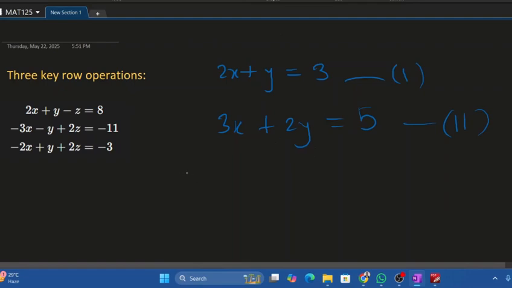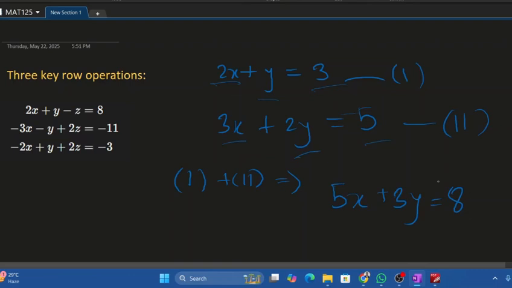We add the variables, the coefficients and the constants. So that would be 5x, 3 plus 2 is 5x, and 2 plus 1 is 3y, and then 5 plus 3 is 8.